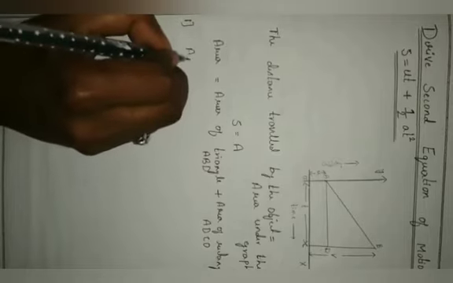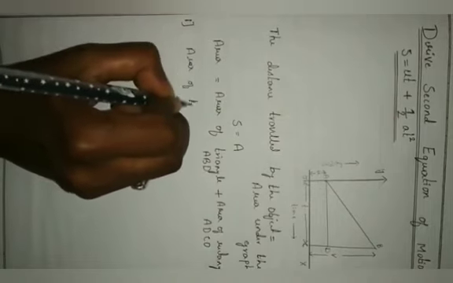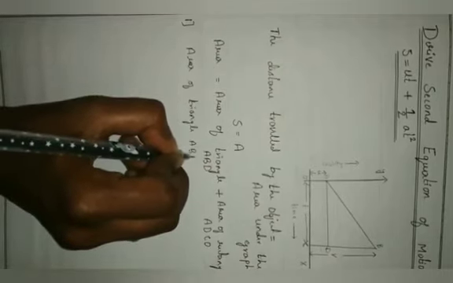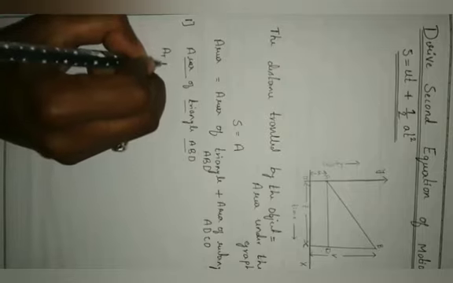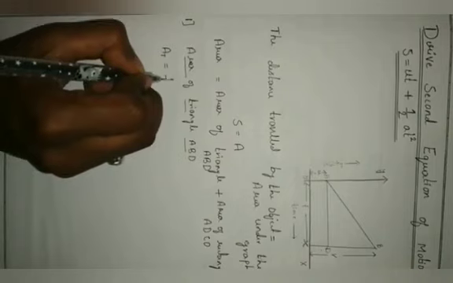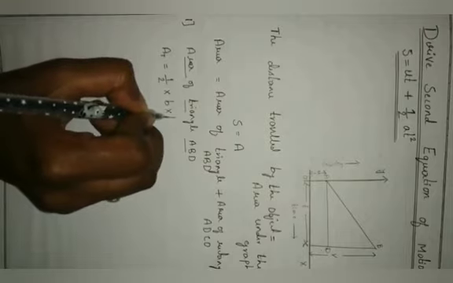First one, area of triangle ABD, which is equal to the formula for area of triangle: half into base into height.